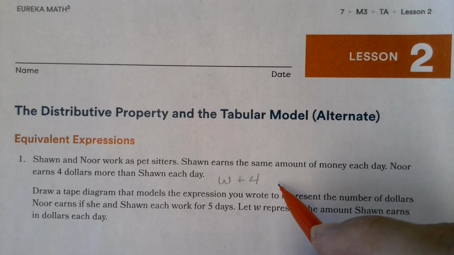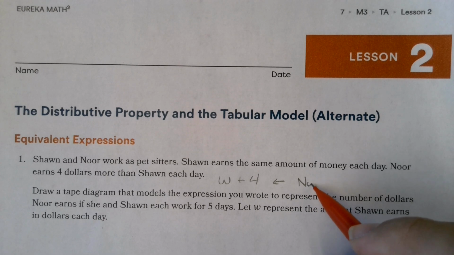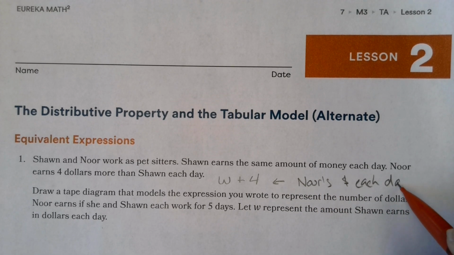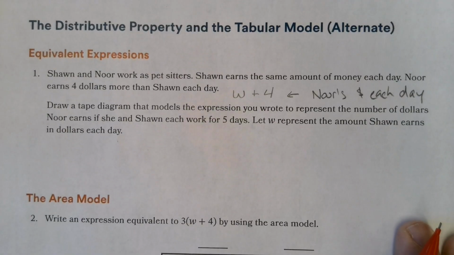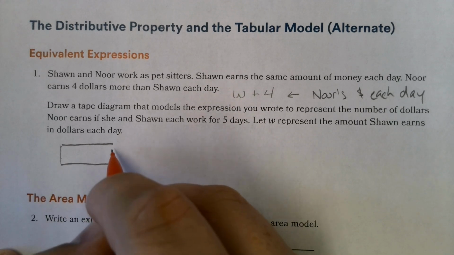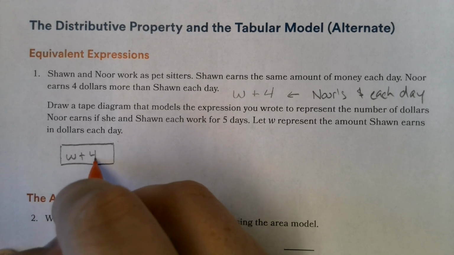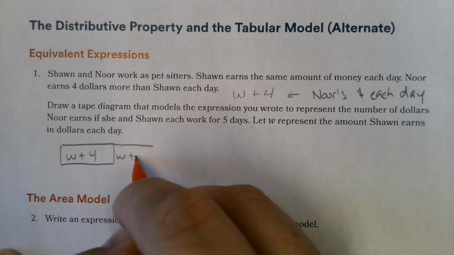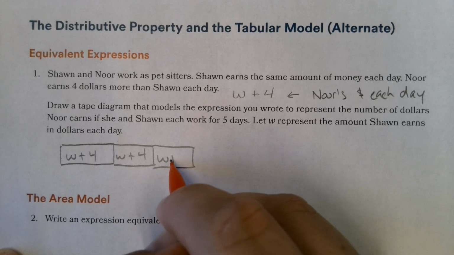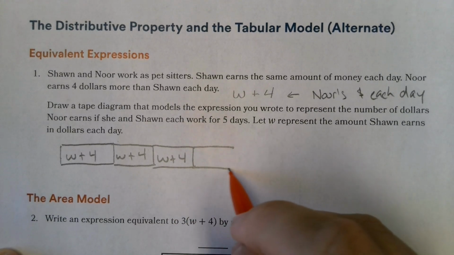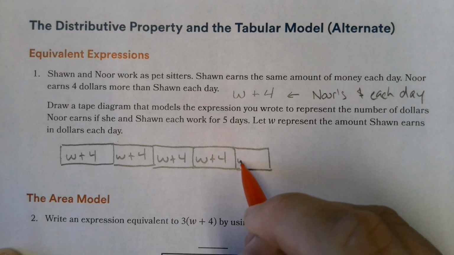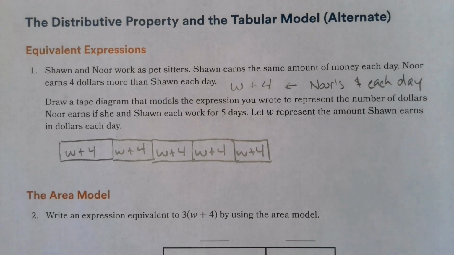Okay. That represents Noor's dollars each day. The tape diagram that we're going to draw would be the W plus 4, but if we have 5 of these, 2, 3, 4, 5.